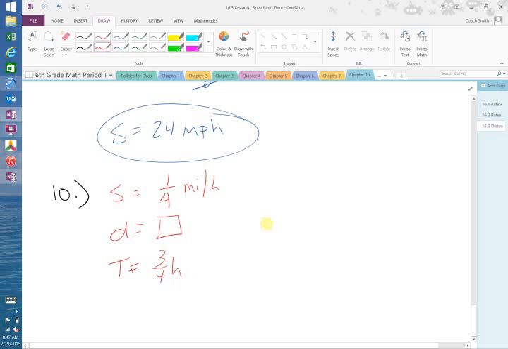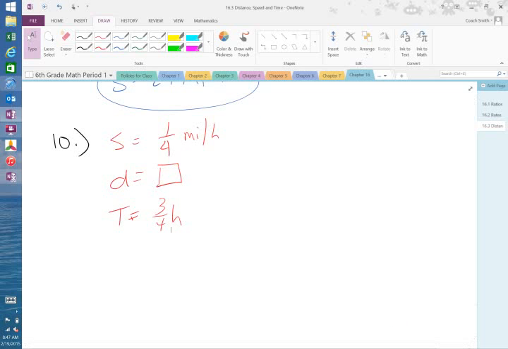It's fairly easy. I thought it was hard, and then I see they're wanting distance. Anytime you're trying to find distance, that's easy. That's just simple multiplication. Distance is equal to speed times time. So distance is equal to 1/4 times 3/4.